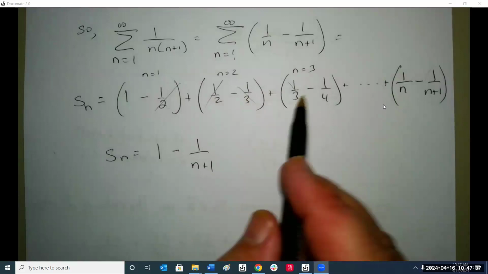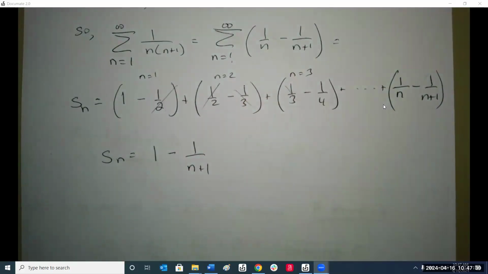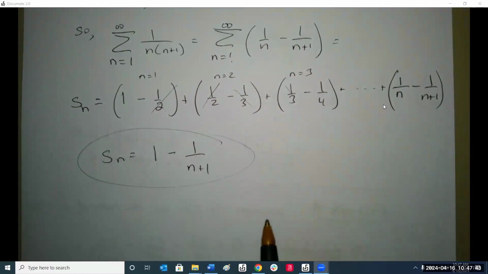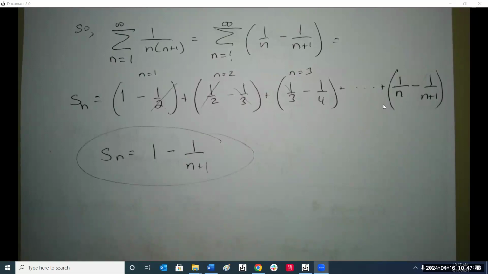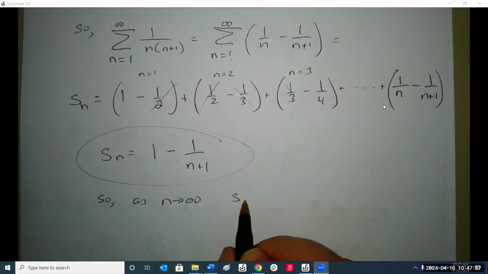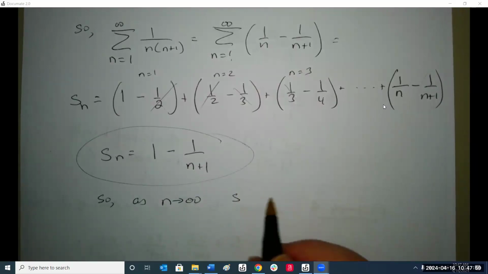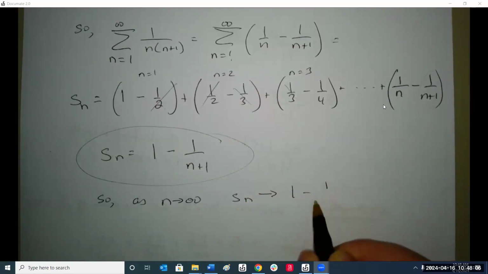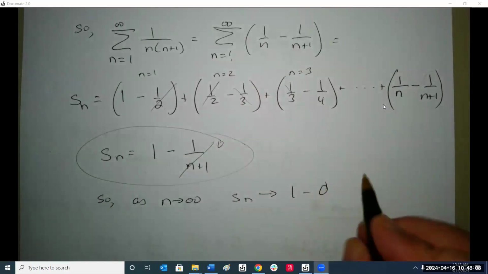So our sum becomes this. As n goes to infinity, S sub n goes to 1, because the last term goes to 0.